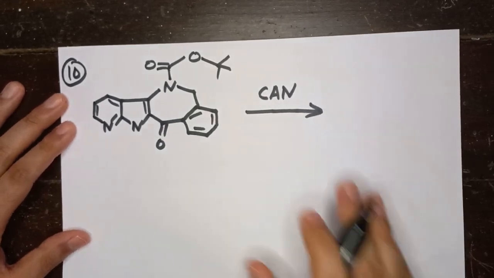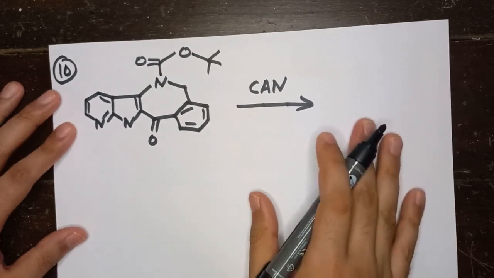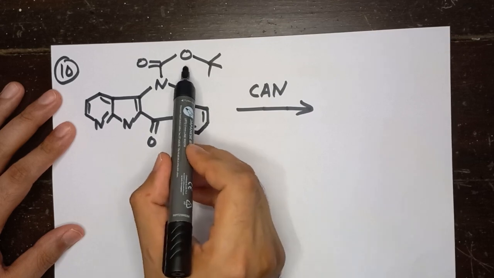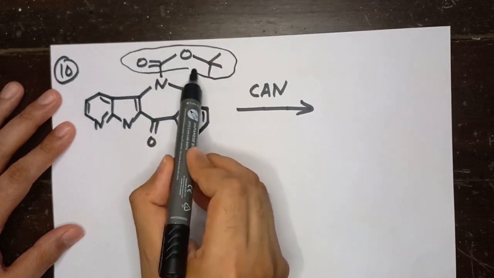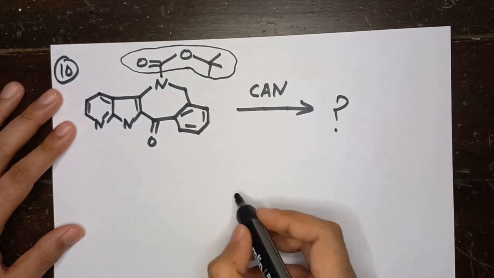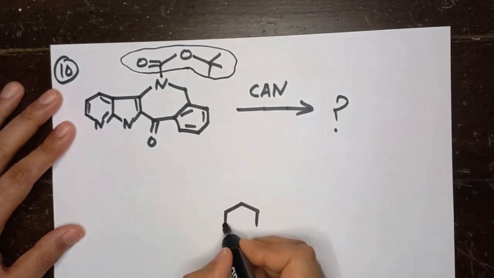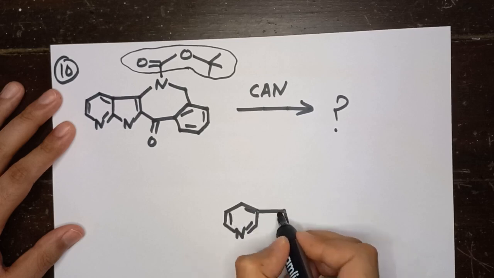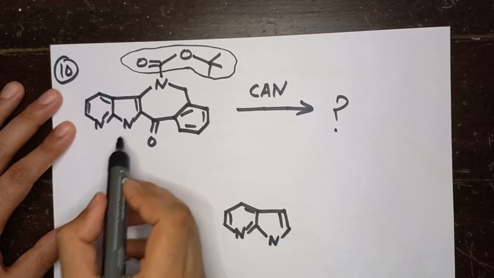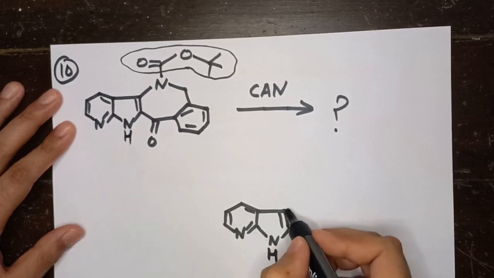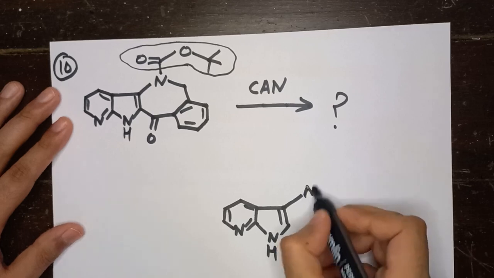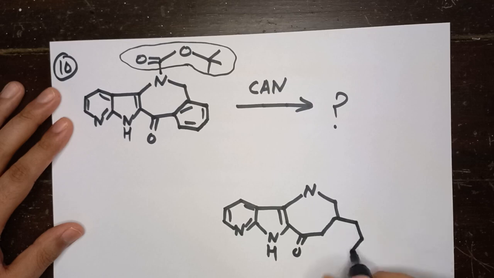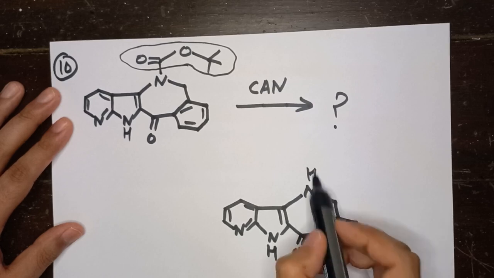Okay, what is CAN? CAN is ceric ammonium nitrate, and we know that ceric ammonium nitrate can deprotect the Boc group. If you look closely, this is nothing but a Boc group. So what is the product? Well, the CAN is going to deprotect my amine. Here hydrogen will be there. And we have generated the amine group.